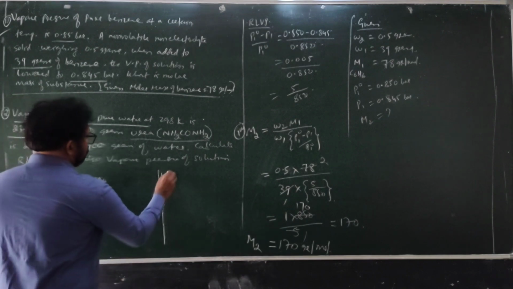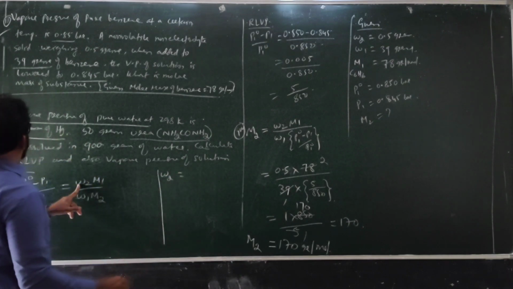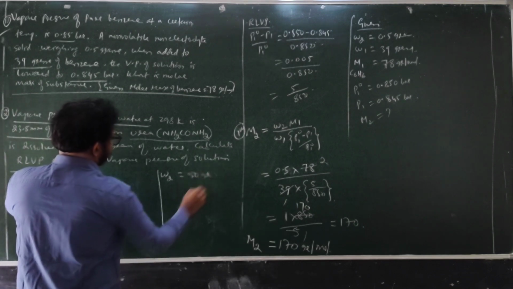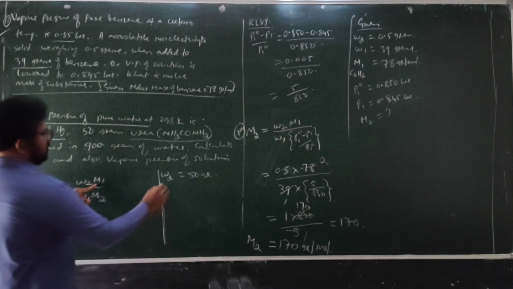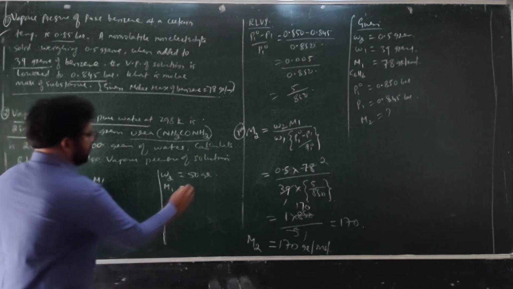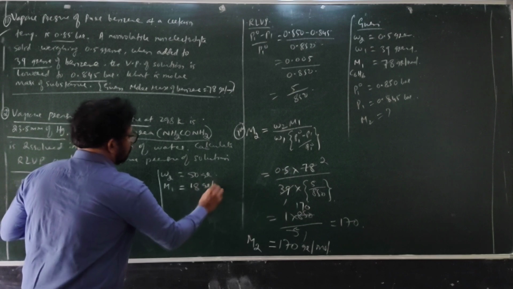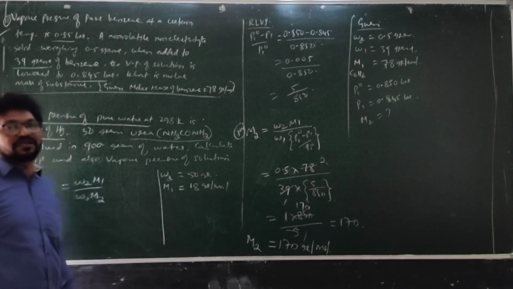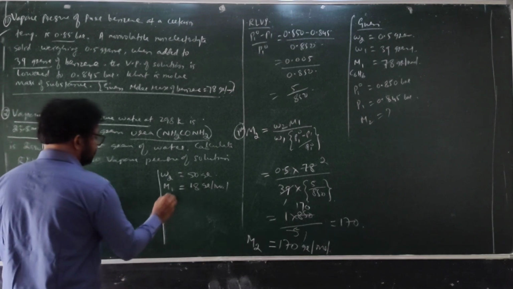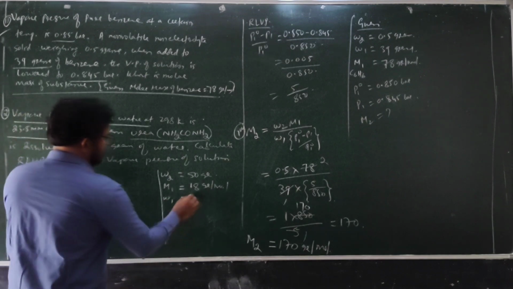W2, how much? 50 grams of urea. 50 grams. What is M1? Since it is water, what is water? 18 gram per mole. H2O, water, 18 gram per mole. What is W1? How many grams? 900 gram.